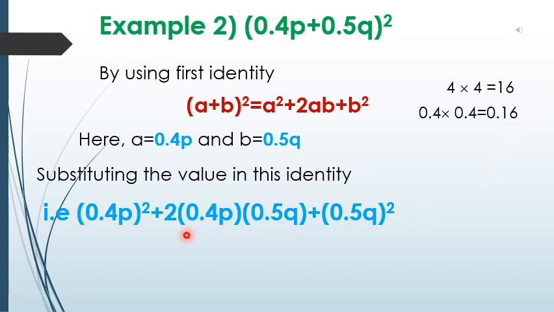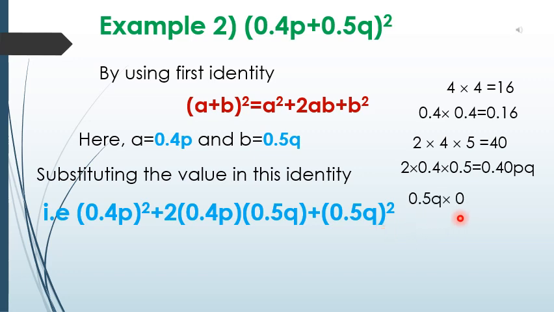Now let us take the middle term. Again we will ignore decimals and just multiply the numbers. That is 2 into 4 into 5 is equal to 40. Now we have to put the decimal before 2 digits, that is 0.40, which is 0.4. So we get 0.4pq. Last term: (0.5q) whole square is 0.5 into 0.5.